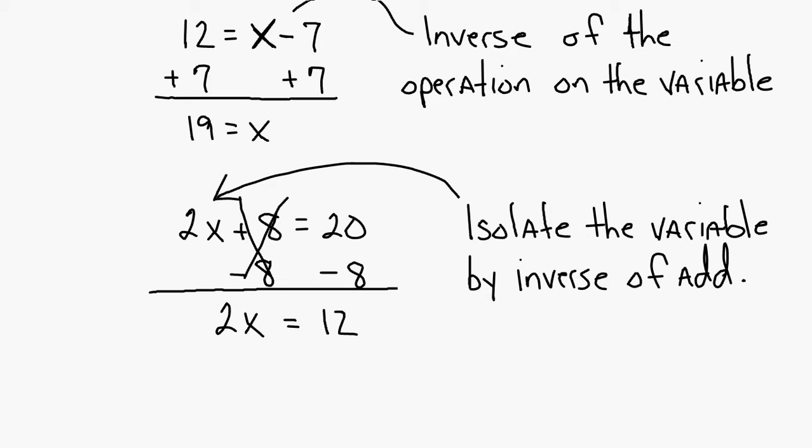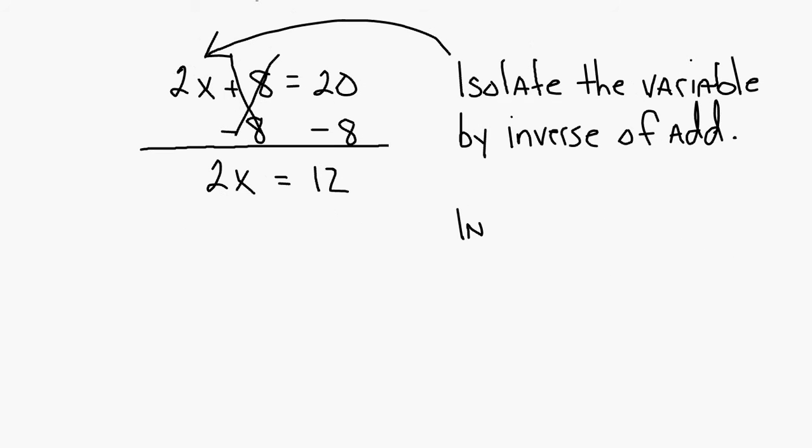So in your second step this week, sometimes you're going to be dividing and sometimes you're going to be multiplying. It just depends on what's going on to the variable. So now you're going to do the inverse of multiplication. All right, so your problem would look like this.